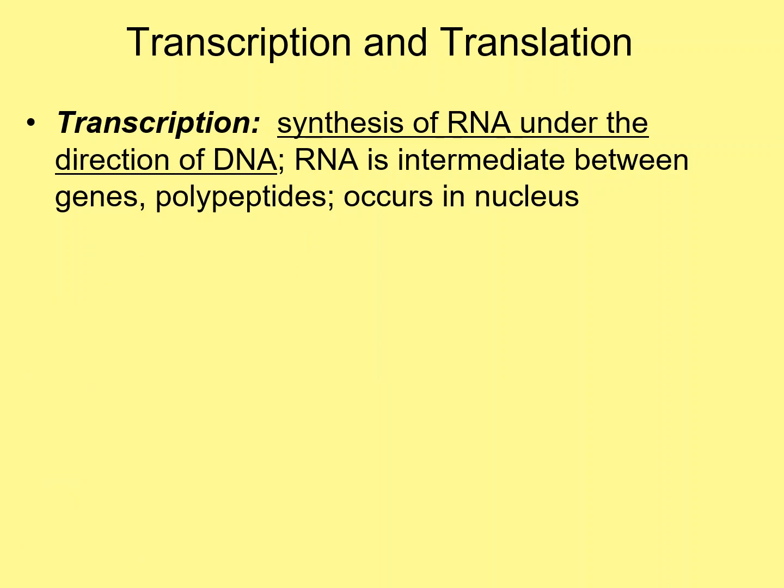Okay, so as I mentioned, you're making a working copy of your DNA, and you're going to read the DNA with our enzyme complexes, and we're going to write a working copy in RNA. And of course, the reason we have to do this is because our genetic material is in the nucleus, but where are the ribosomes?